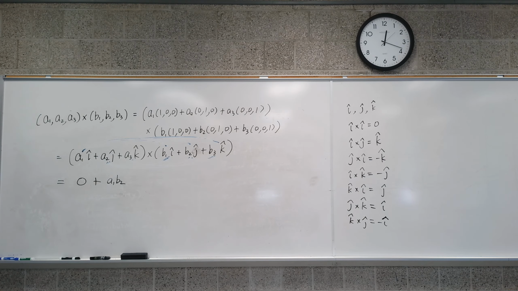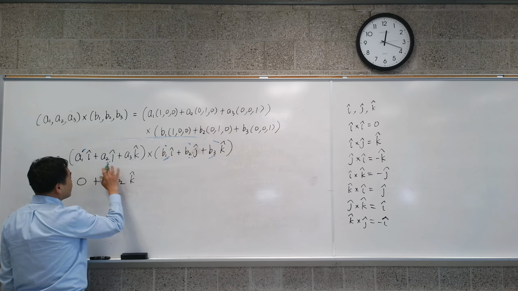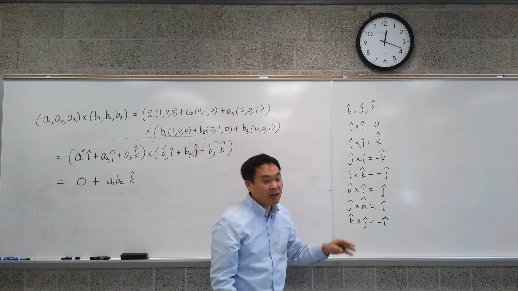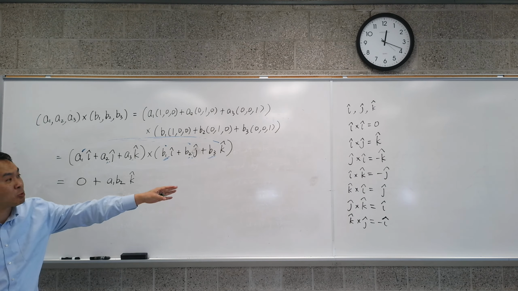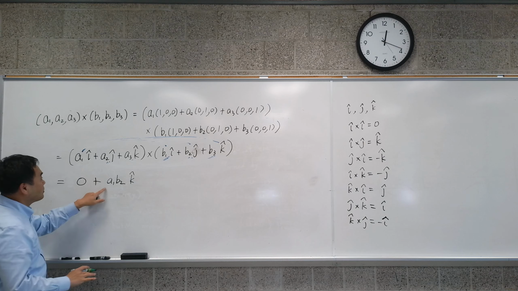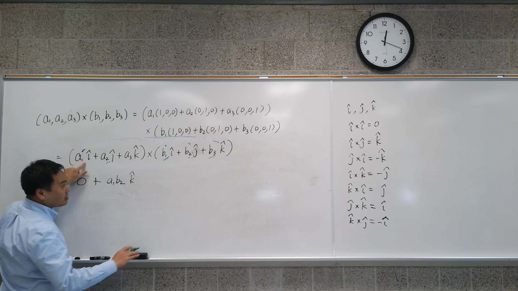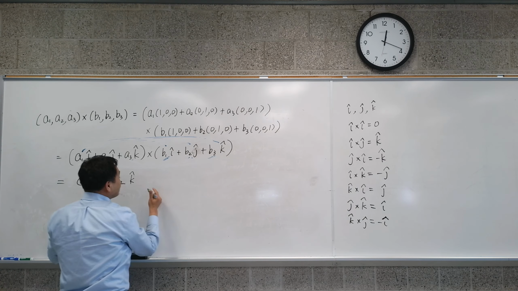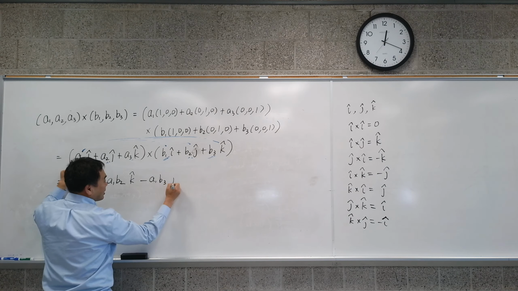What's I cross J? K, right? Yeah, I have the results there. Okay. By the way, these are just temporary results to get the final formula. I'm going to repackage the final formula in a nice way so that you don't have to worry about that, okay? And then I, what's next? I cross K, right? What's that? Negative J. So it's negative A1 times B3J.